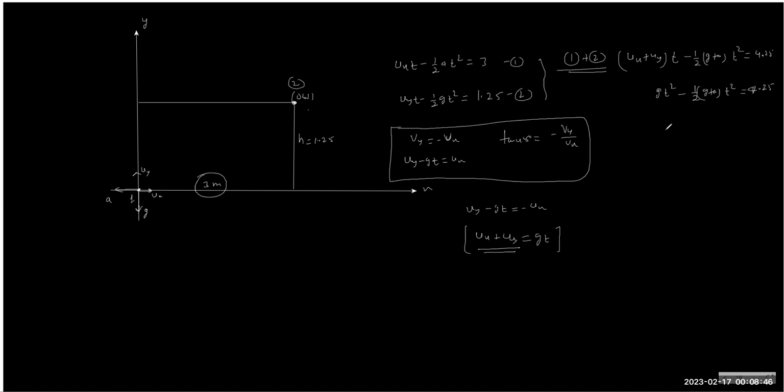I think this can be subtracted. So 2gt is, I think, g minus a, right? 8.5. And what is g? And a is given as how much? 1.5.